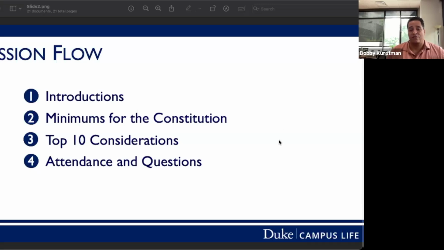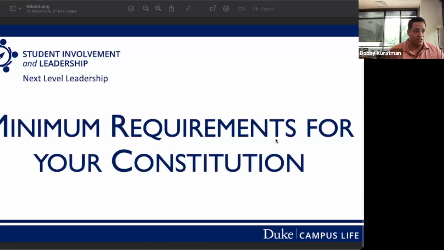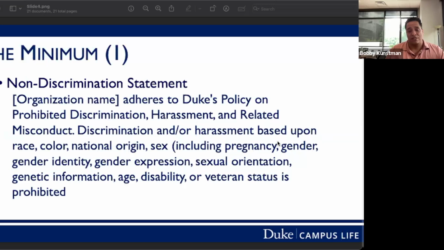But as we think about student organization constitutions in particular, there are really two minimum requirements that we require you to have in your constitution. First and foremost is the non-discrimination statement. This is the exact language that is on the screen that should be incorporated into your student organization constitution.